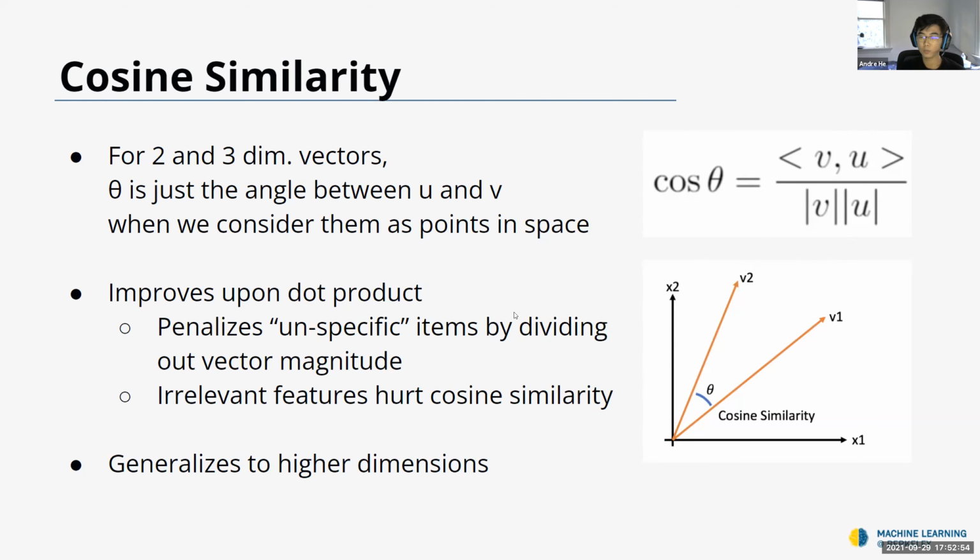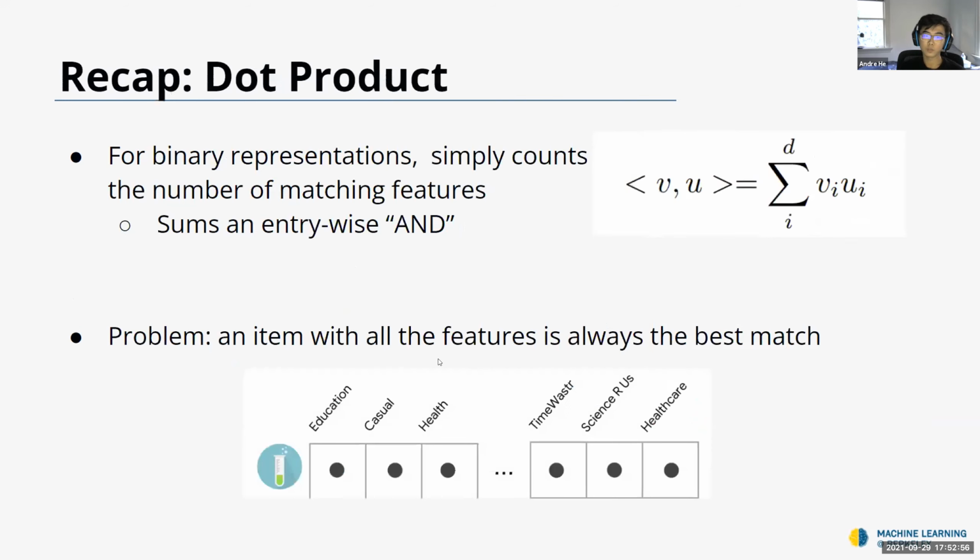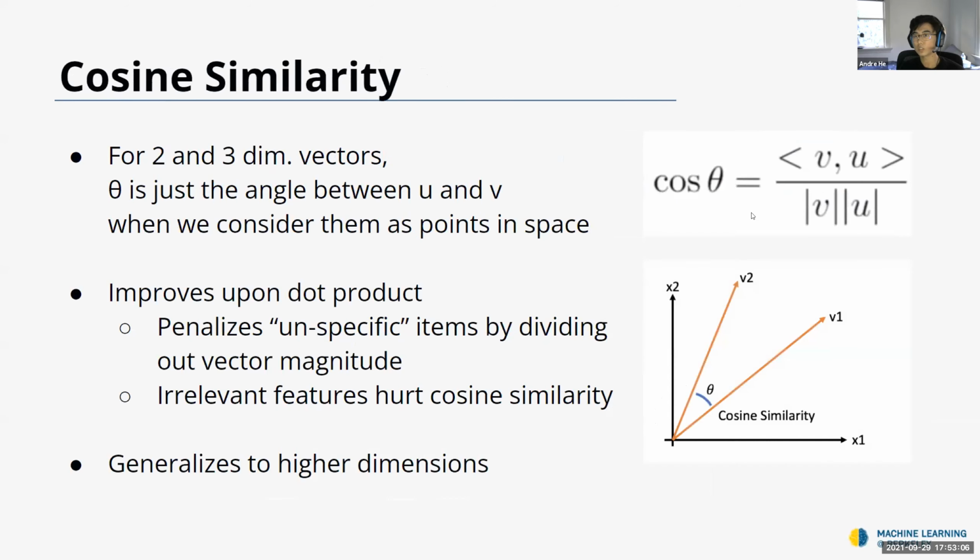And so if we go back to this example, having extra categories that don't match the user preference will actually decrease your similarity score, because you can imagine that even though the vector is becoming longer, it's being sort of shifted in an unwanted direction.